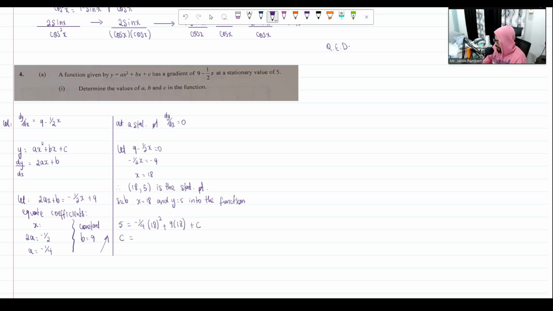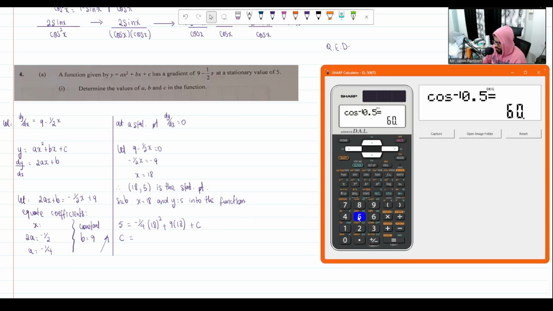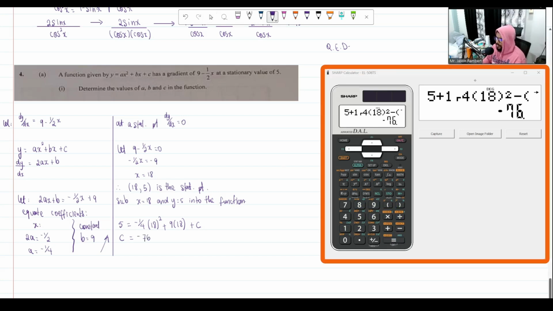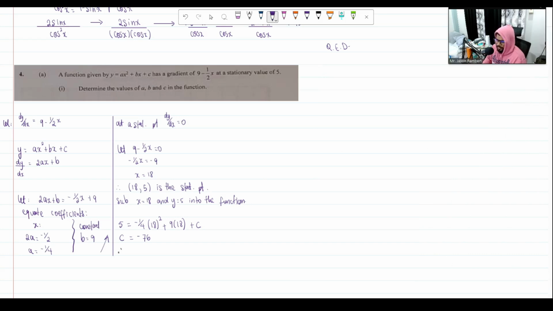So c will be equal to, and we could work it out on the calculator, 5. When I move the minus a quarter, it becomes plus a quarter into 18 squared. When I move the 9 by 18, it becomes minus 9 into 18. I get minus 76. Therefore, y is equal to minus a quarter x squared plus 9x take away 76.